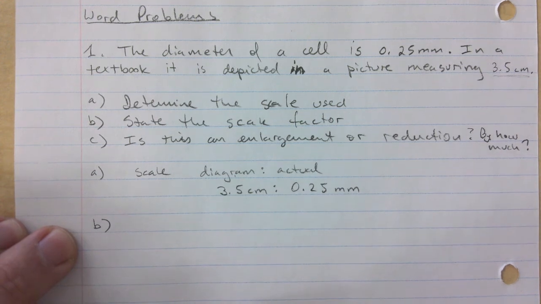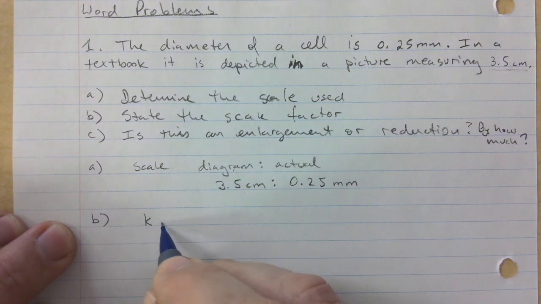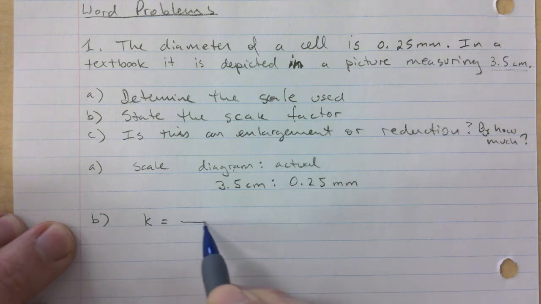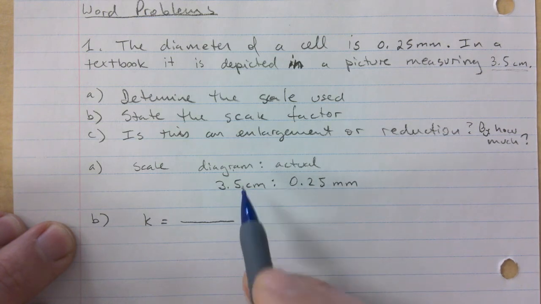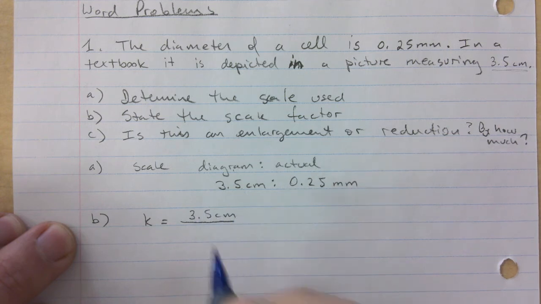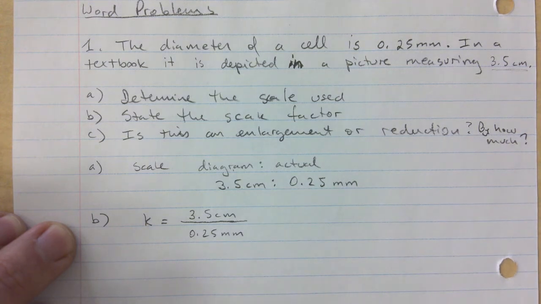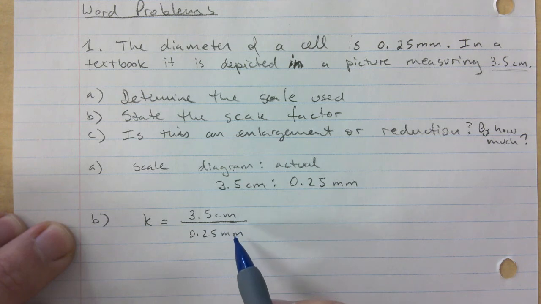B, determine a scale factor. So you want to use the letter K, and we take the diagram, and you write down the units at first because we want to check if they're different. We need to do some converting so that we can cancel out the units, because ultimately we don't want units here. And so you decide what's easier.